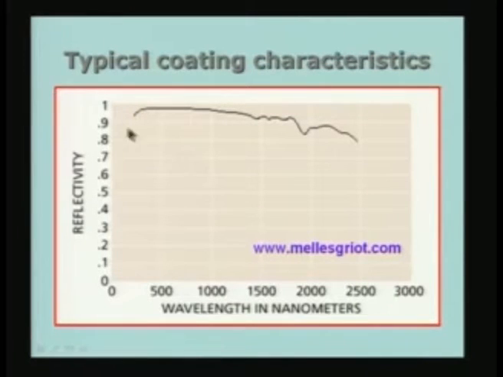You see that the reflectivity is very high and more or less uniform, with small variations here, but essentially we have a high, uniform and highly diffuse reflectivity. This is a typical coating, though they have not mentioned what the coating is. It is a patented coating which they use in their manufacturing process.